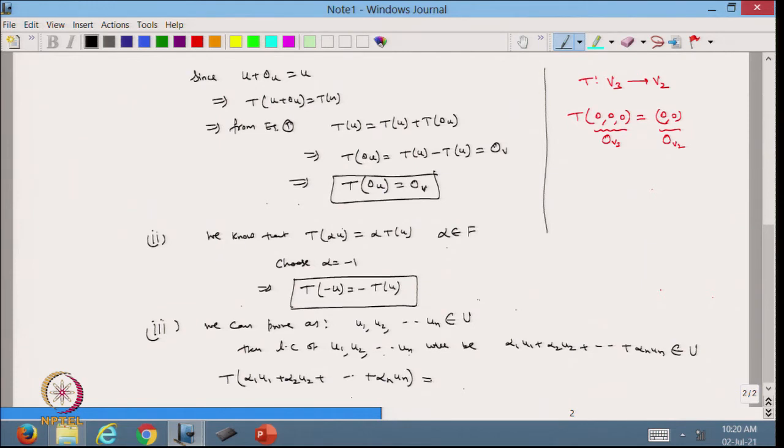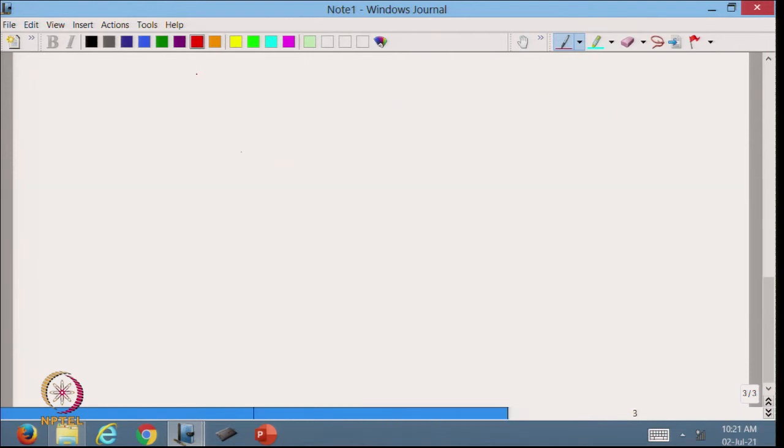I can choose this part as some U, because this is also a linear combination of U2 up to UN, and from here I can write this as T of alpha 1 U1 plus U. From the property of the linear transformation, this can be written as alpha 1 T of U1 plus T of U.